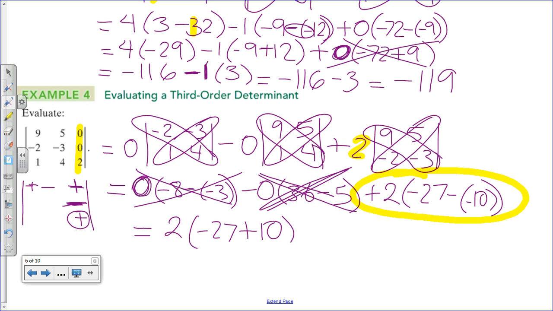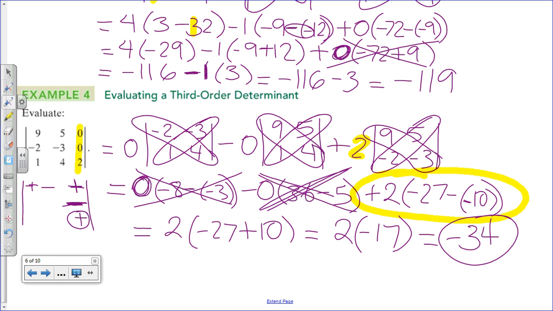Plus 10 because we have negative times a negative. So this will become 2 times negative 17, which is equal to negative 34. And so this number here, remember, the determinant is just one real number. So that will be the solution for that example.